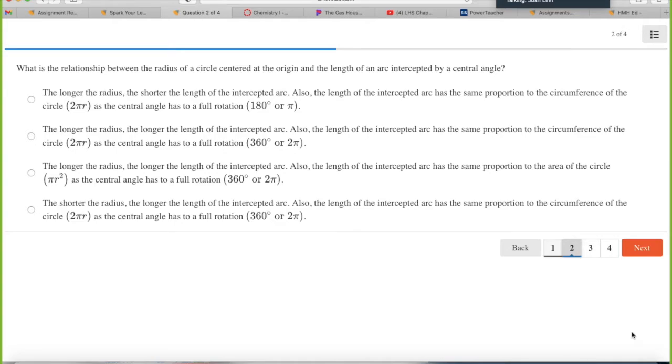So what is the relationship between the radius of a circle centered at the origin and the length of the arc intercepted by a central angle? I gotta draw this out.